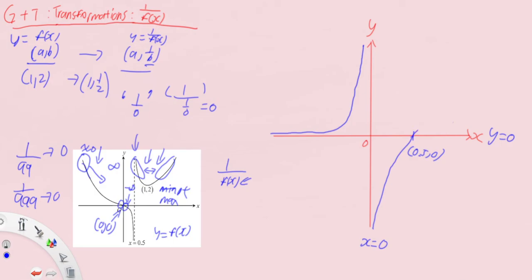So what happens is you'll go up and then hit the maximum point at (1, 1/2). Thereafter, look at what happens towards positive infinity. When x is approaching positive infinity, f(x) is getting larger and larger. 1 over a very large value then becomes 0. As such, after we hit the maximum point at (1, 1/2), the graph approaches y equals 0. And that is our y equals 1 over f(x) graph.